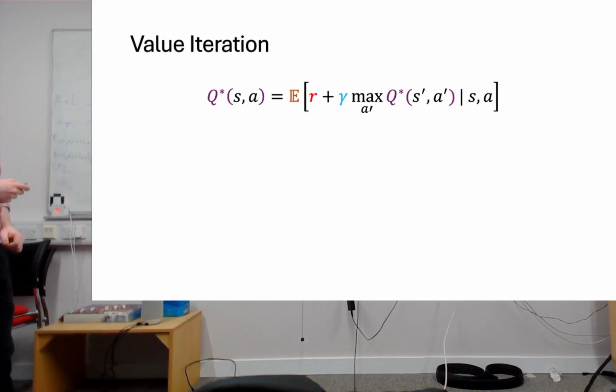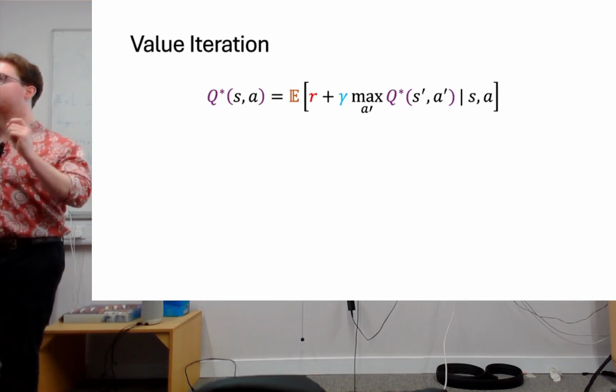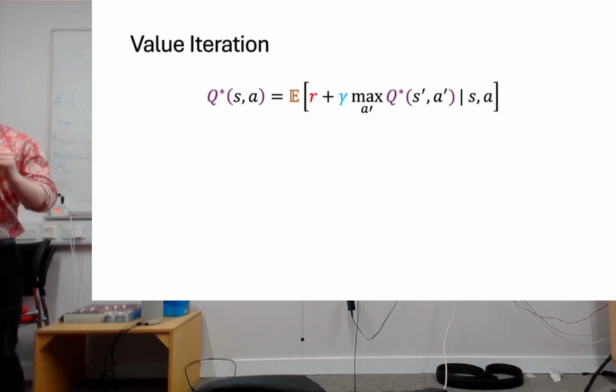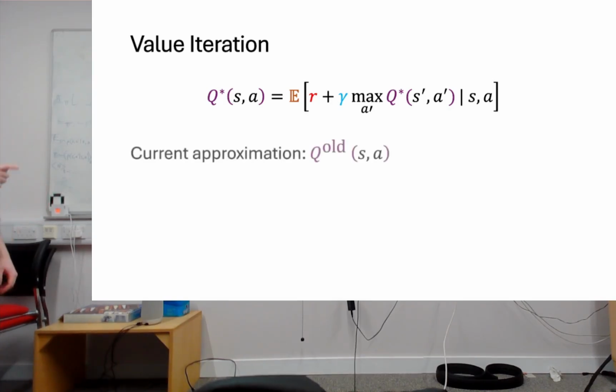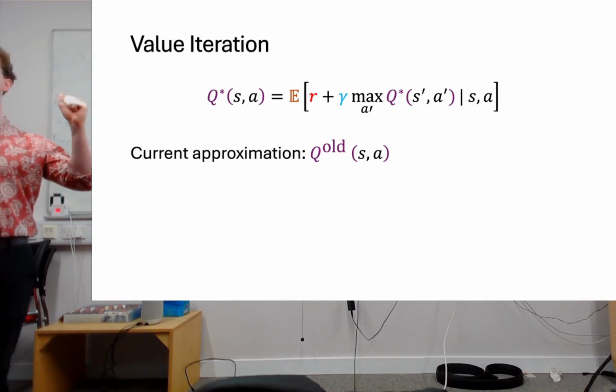So this is my Bellman optimality equation. This is relating the actual optimal action values, right? So these are the actual optimal values. What happens if I just have an approximation to this? So I have a current approximation to optimal values, which is Q old, right? This is my current one that I've got. I want to make it better, right?